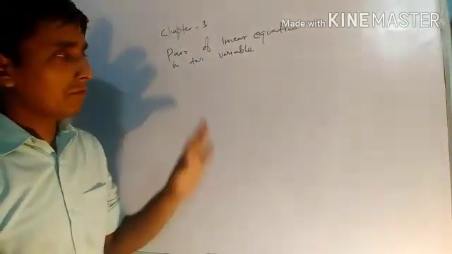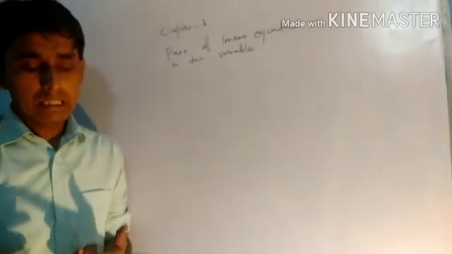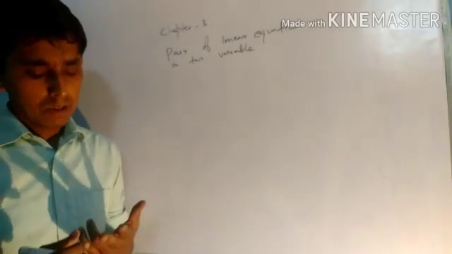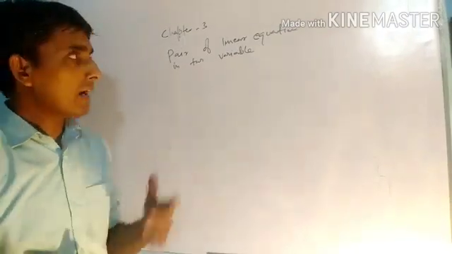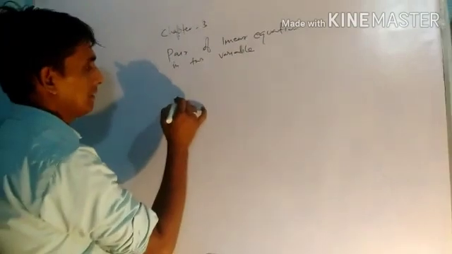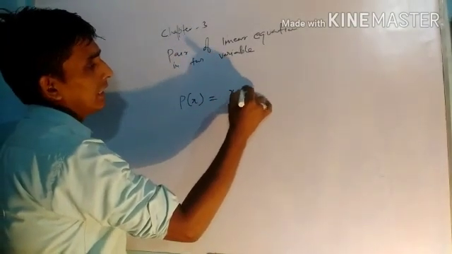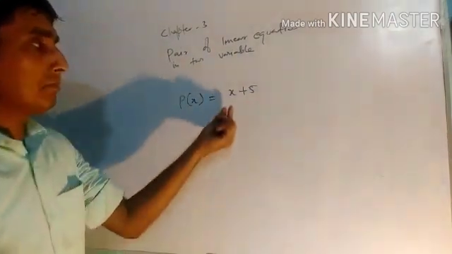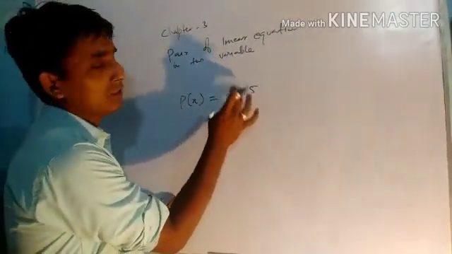In the previous lecture we discussed various types of polynomials, that is linear polynomial, quadratic polynomial and cubic polynomial. So what do you mean by a linear polynomial? For example, if I write p(x) = x + 5, the maximum power of this polynomial is 1.